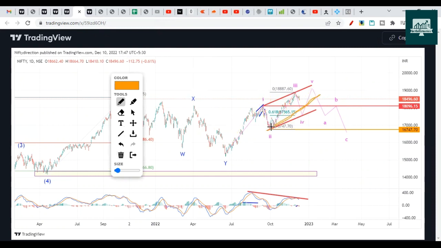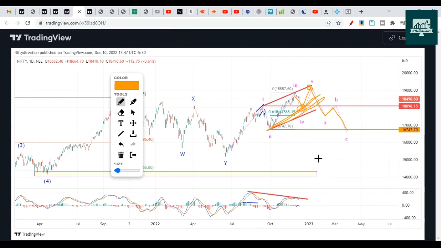If it has to happen, the fourth will finish just below this, maybe near 18,000 or 17,900. It will finish, and we'll have a bounce back on the upside. It will make one more top, maybe near 19,000 or 19,300, near this trend line, it may make a new top, and then we'll have an ABC correction.